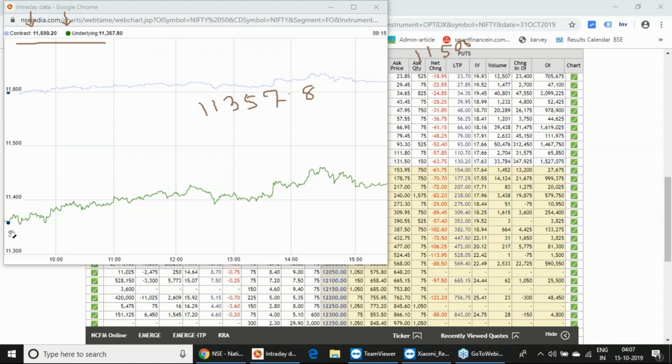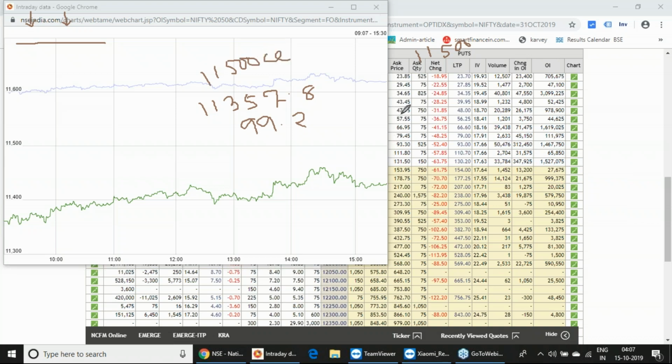Added together, they show the contract value as 11,599.2. The end of the day you will also find in the same way: at the 330 price, the contract is at 119 rupees when the spot is at 430.6. So 99.2 was the premium at which the 11,500 call option was trading. This we are going to analyze with our tool.